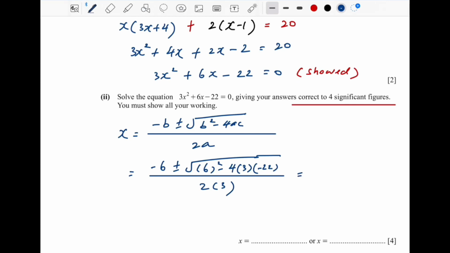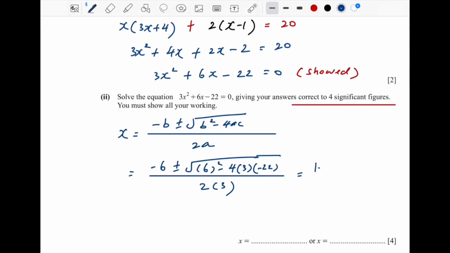Correct your answer to 4 significant figures. Before you correct it, I think it's safer if you show your answer before you convert it to 4 significant figures.